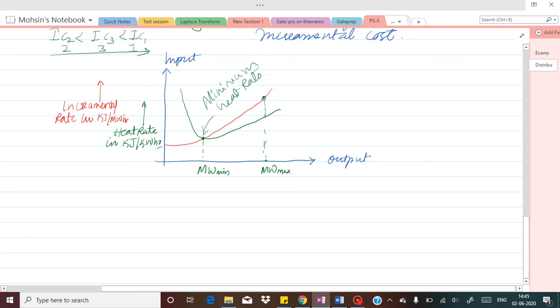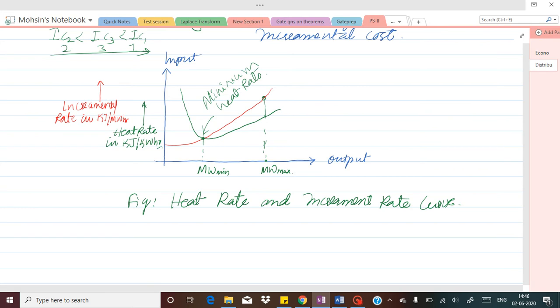Okay, so this particular figure is called the heat rate and incremental rate curve. Okay, so now this is about the particular unit.